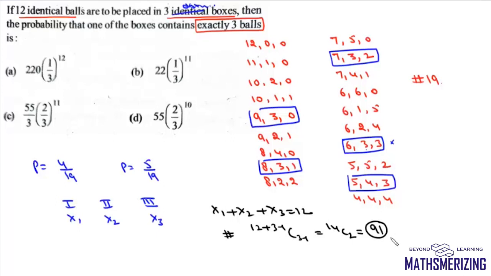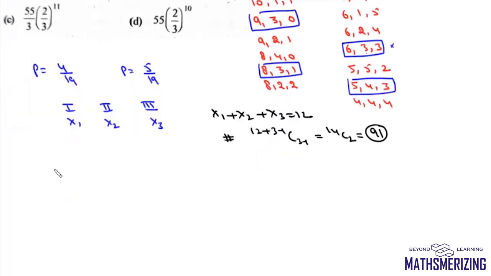Now we have to find the favorable cases in which one of the boxes contains exactly 3 balls. Suppose x1 is 3. Then we get x2 plus x3 equals 9. The solution to this is 9 plus 2 minus 1 C 2 minus 1, which is simply 10.